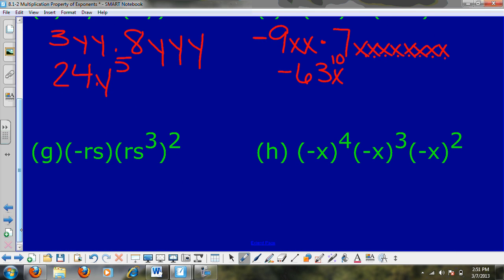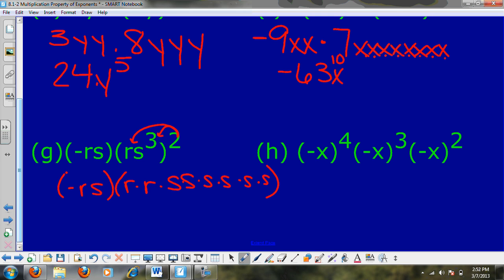G and H. Here I have negative RS times RS cubed, squared. Okay, so that means I'm squaring both things in here. So it becomes negative RS times R times R times 3 S's, and then 3 more.